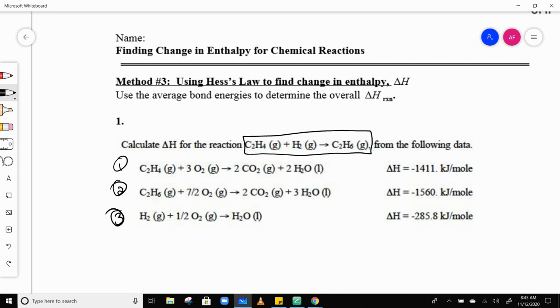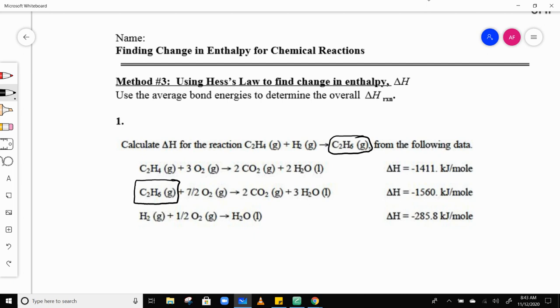However, sometimes these equations are not in the right order. So for example here, we have C2H6 in the product side. However, C2H6 here is in the reactant side.